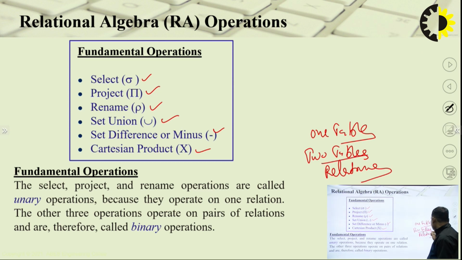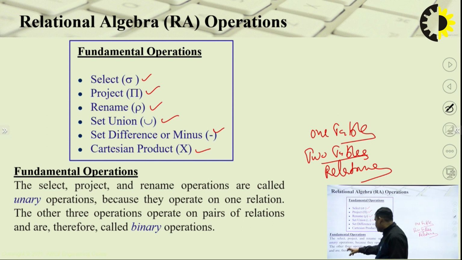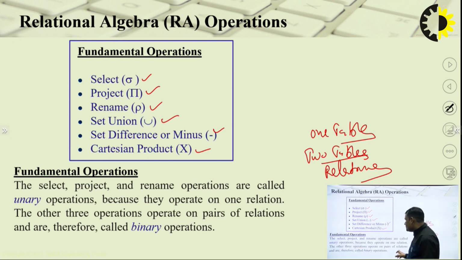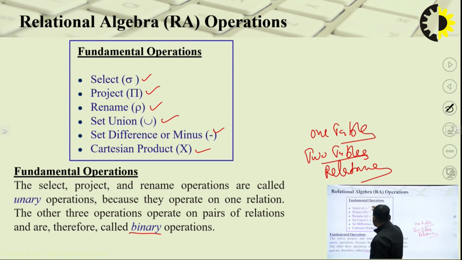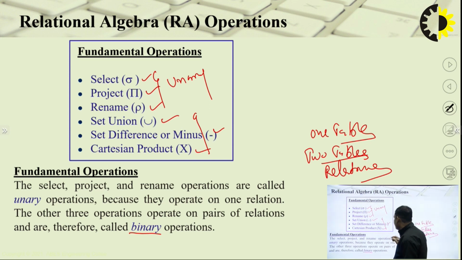Relation and table are the same thing in terms of database. The first three, selection, projection and rename, are unary operations, and set union, set difference and Cartesian product are binary operators.